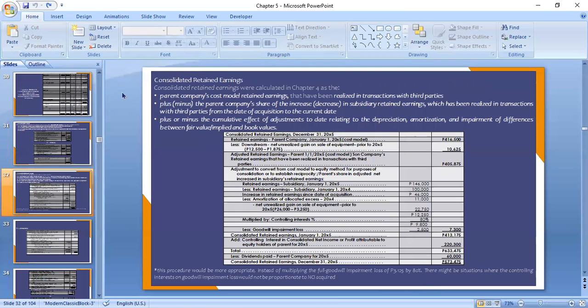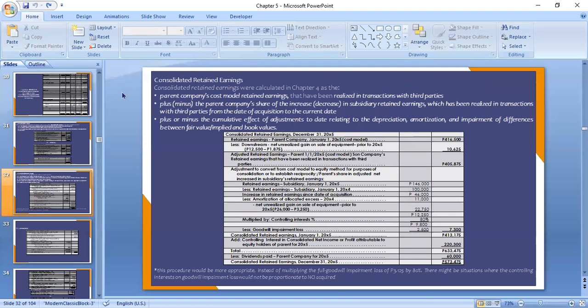So we have now the consolidated retained earnings to be computed: retained earnings of the parent at the beginning of the year using the cost model. Then we have to deduct the downstream net unrealized gain on sale of equipment prior to 20x5, which is 12,500 minus 1,875.